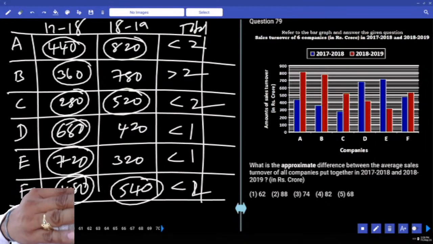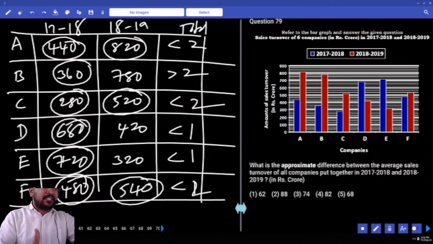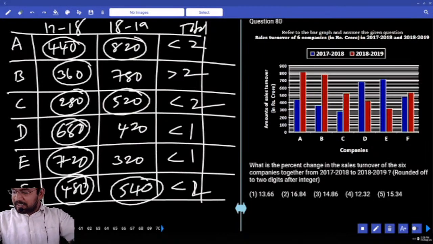Nana, add all companies for 17-18, take the average. 18-19 average. They are asking the difference. Calculate it. Come fast. Very good.